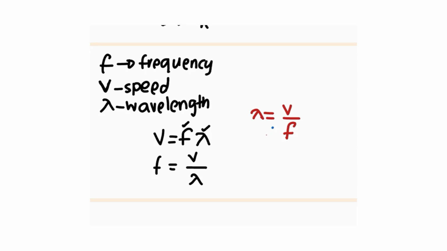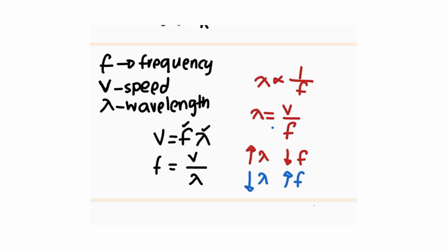We are saying now wavelength is inversely proportional to the frequency, meaning the longer the wavelength, the smaller the frequency, and the smaller or the shorter the wavelength, then that would mean that we have a higher frequency.